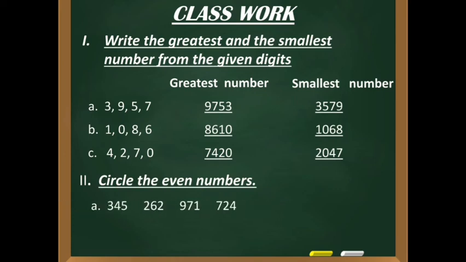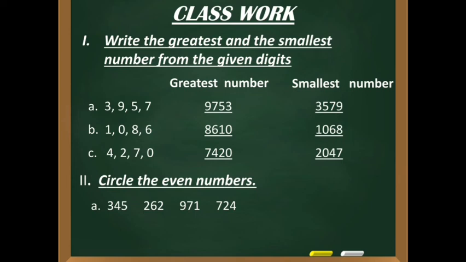Now second bit is circle the even numbers. They have given you the numbers 345, 262, 971 and 724. If you want to see whether it is an even number, what you have to see? In ones place you must have 0, 2, 4, 6 or 8. So is 345 an even number?